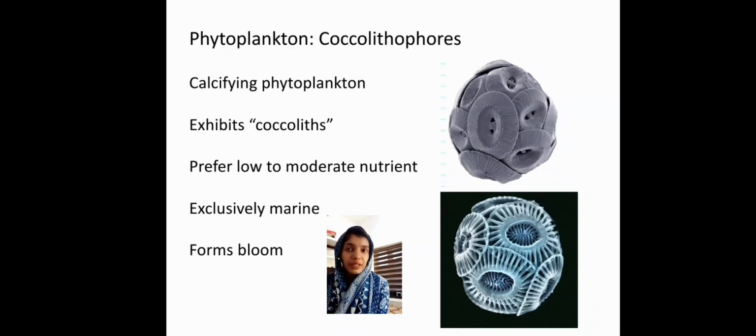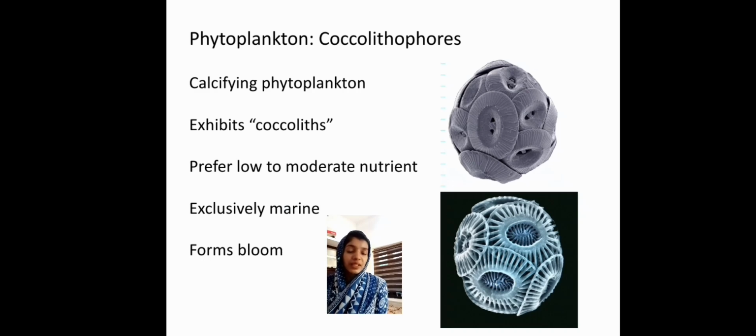So the second one is coccolithophores. It is coming under the taxonomic group classification. Coccolithophores are unicellular autotrophic organisms belonging to the marine phytoplankton, and during certain phases of their life cycle they have the ability to produce calcium carbonate plates called coccoliths that cover the cell in a structure called the coccosphere.